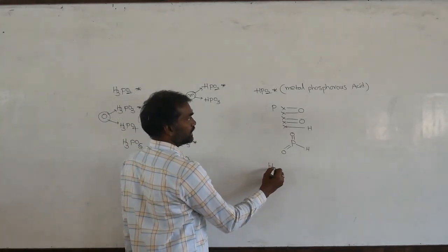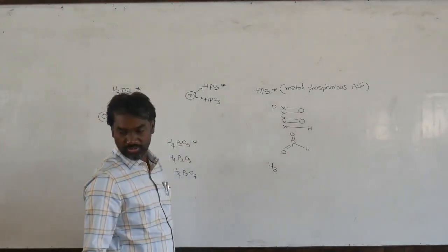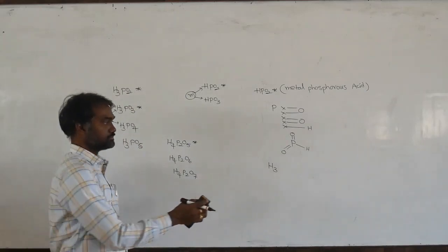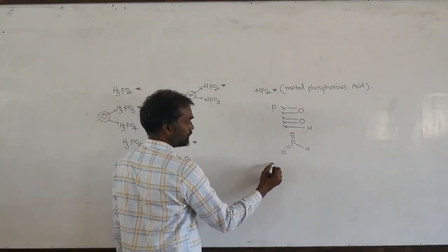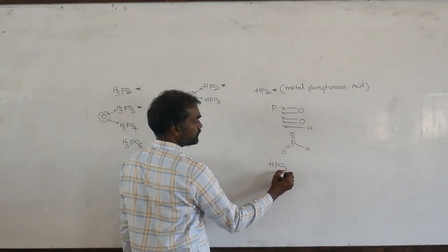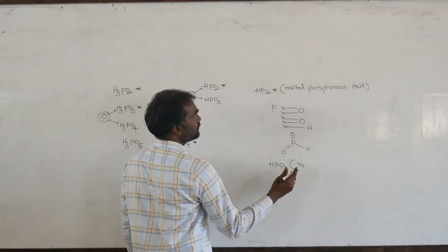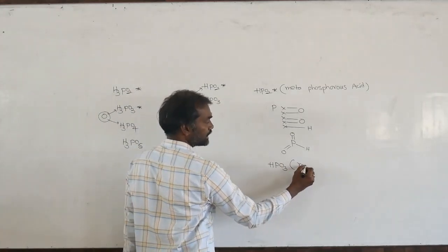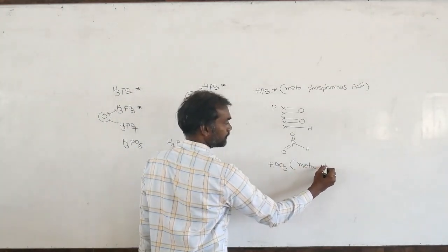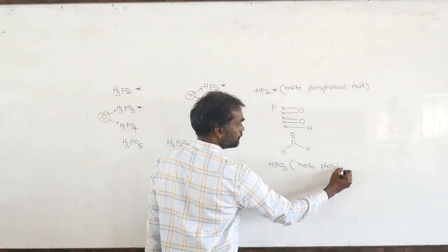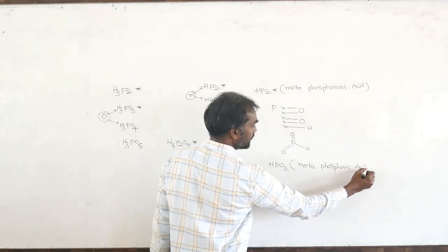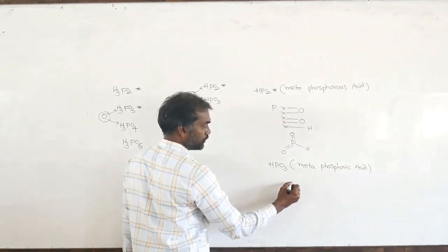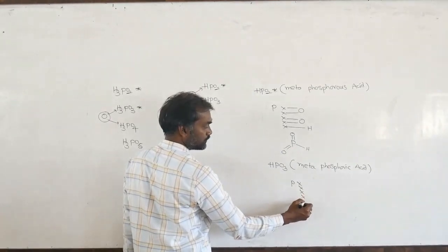Next HPO3. So HPO3 name is metaphosphoric acid. So here phosphorus 1, 2, 3, 4, 5.